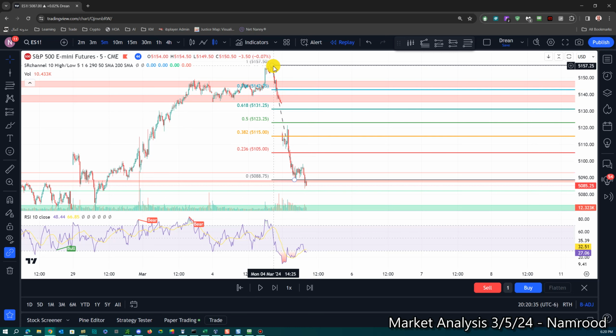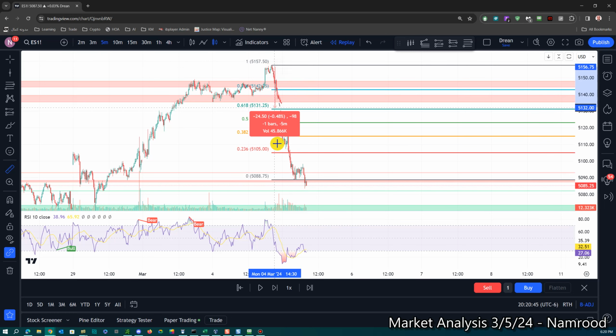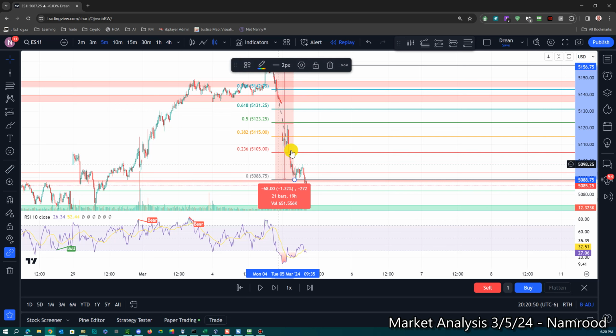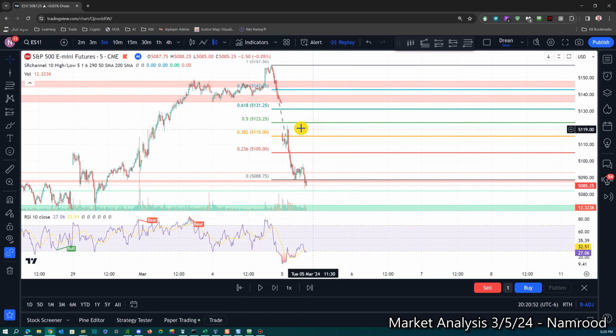We gapped down in the morning, coming all the way from 515 to 509. That's a huge gap, 1.2%. So now we can assume that this morning we were in a bearish trend, and this is how you really draw it.